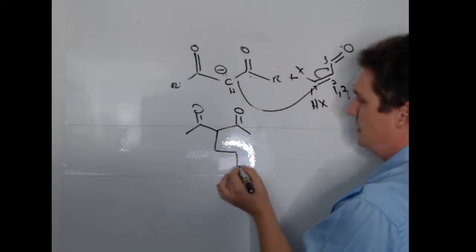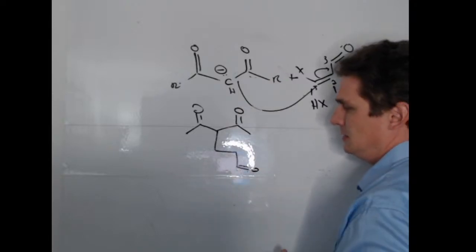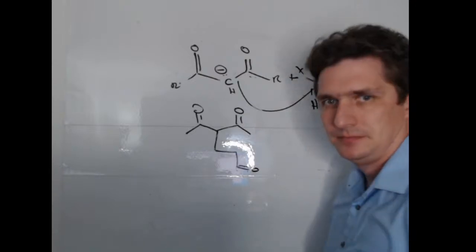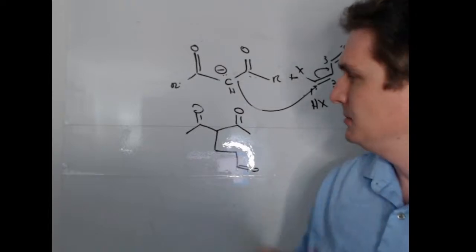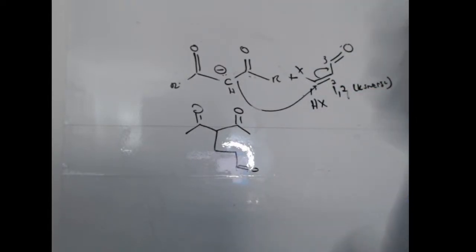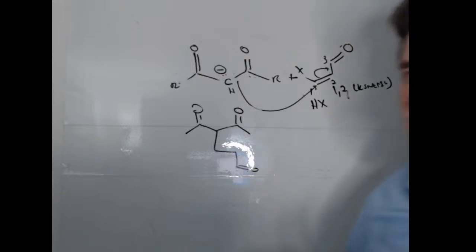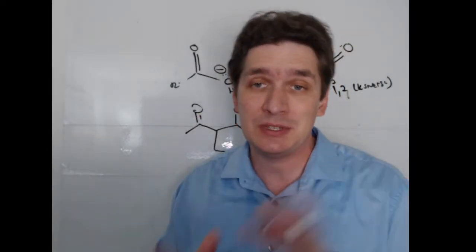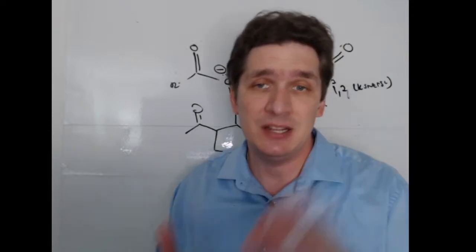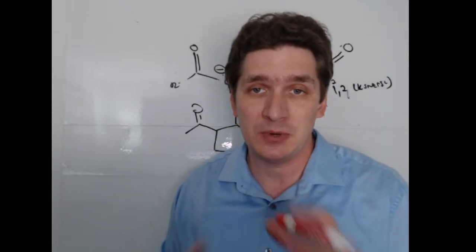Okay, that was the problem. I drew it wrong. Okay, I'm getting there. So this is the first step, HX addition. Next, we're going to want to form a ring. If we have any acidic alpha carbons, it'll form. The big thing here is we're going to focus only on 6-membered rings because they're the most stable. It is possible to do 4-membered rings, but we're not going to do it.